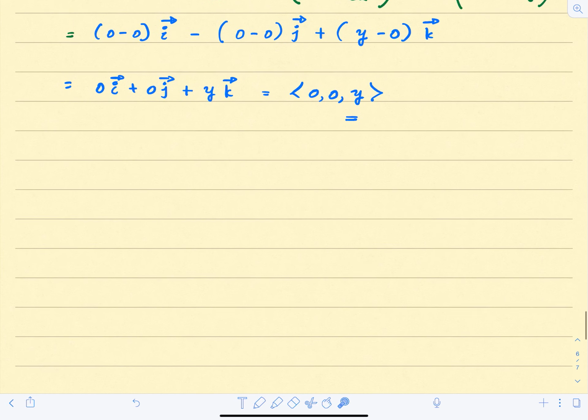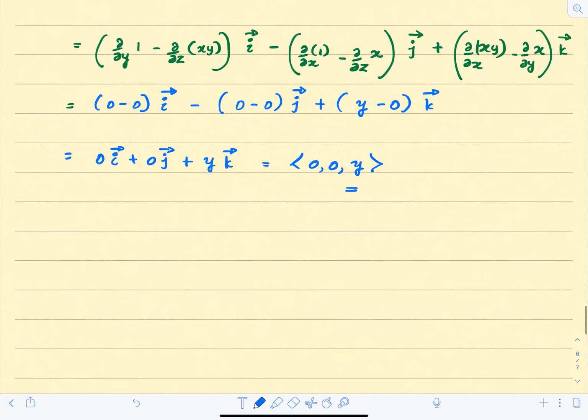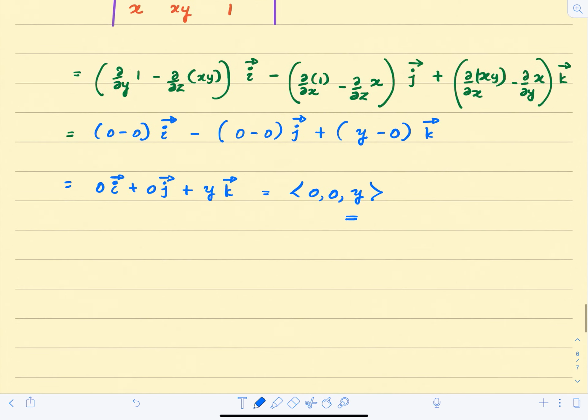Let's consider one more example. Example number 2. Find the curl of vector field f that equals xy, minus sin z, 1.